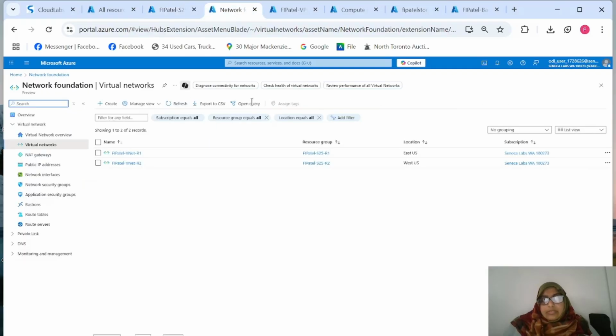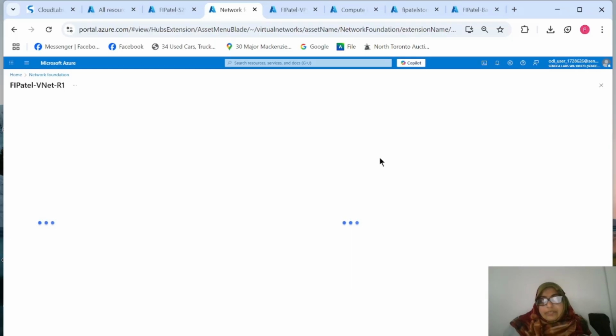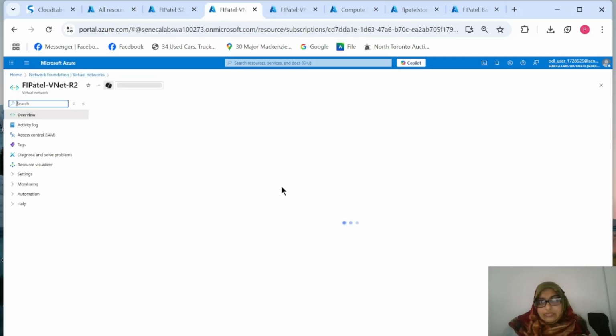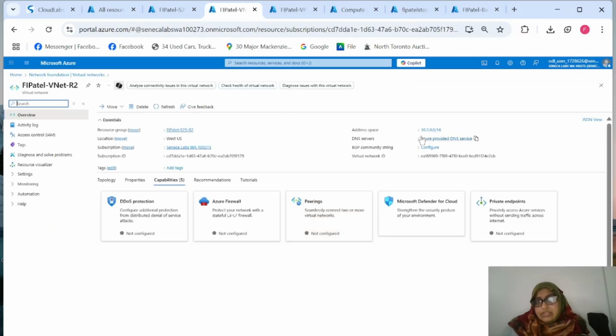Okay. And this is my VNet, virtual networks. This is my VNet 1. This is the assigned IP I used, the address space 192.168.26.0/24. And in VNet 2, I use this address because it was overlapping.